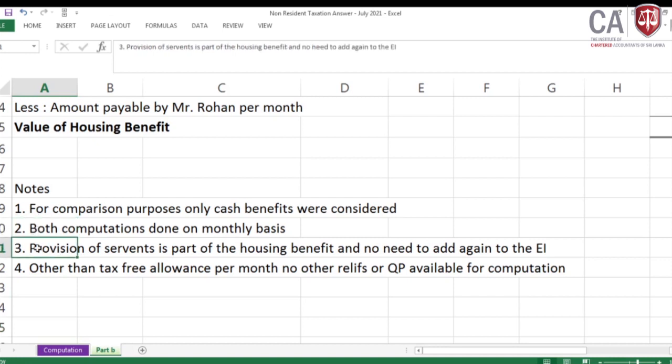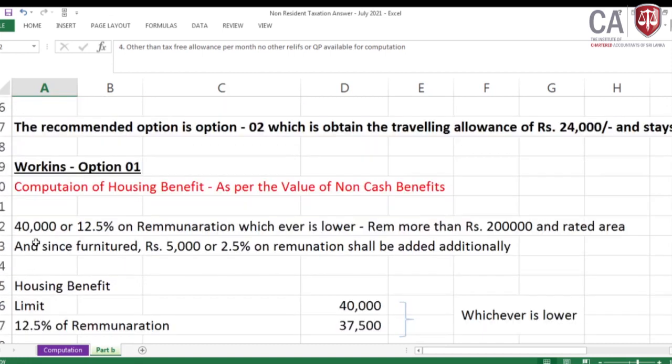Provision of servants is part of the housing benefit and there is no need to add it again to the employment income. That's from the circular. Other than the tax-free allowance per month, no other relief for qualifying payments is available for computation, as no information is provided. With all these facts, now we will come to the recommendation.